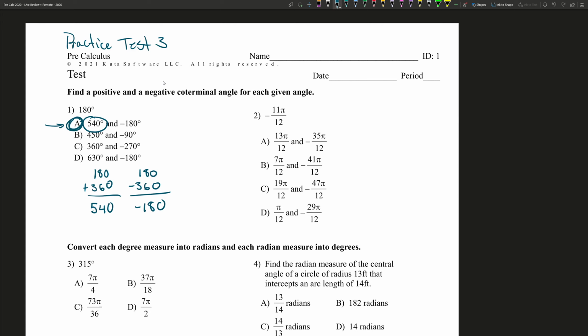The same thing for number 2, except we're adding or subtracting fractions, right? So negative 11 pi over 12 plus 2 pi, which is actually negative 11 pi over 12 plus 24 pi over 12. And that is 13 pi over 12.